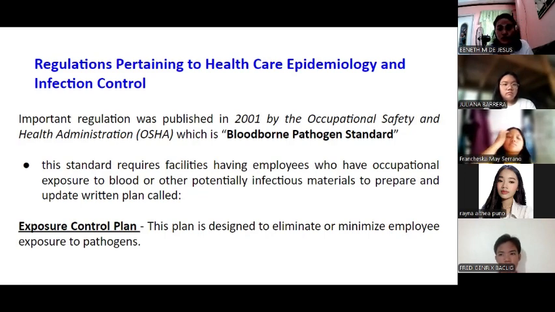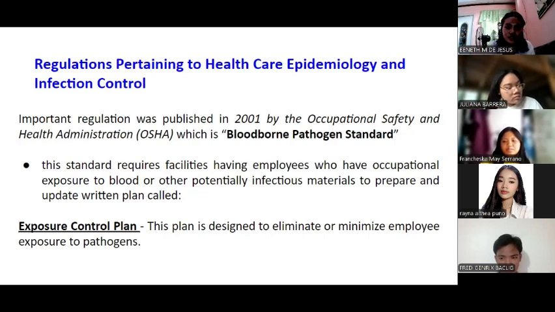This plan is designed to eliminate or minimize employee exposure to pathogens. Kasi syempre nga, dapat pa rin naman natin alagaan yung sarili natin kasi isa tayo sa mga nagbibigay ng care sa ating mga patients. So, hindi tayo pwedeng magkasakit din.